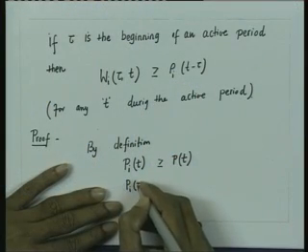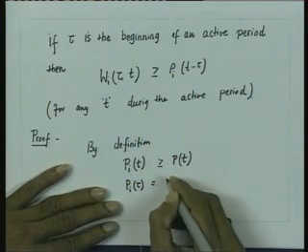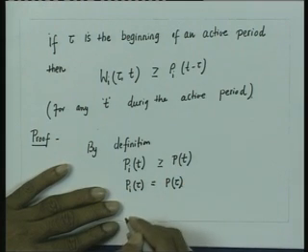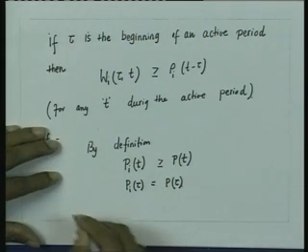Now tau is the beginning of the active period, that is when the session has just changed its state from an inactive period to the active period. So at that point tau, the session's potential will be updated and made equal to the system potential. So therefore P i(tau) is actually equal to P(tau).